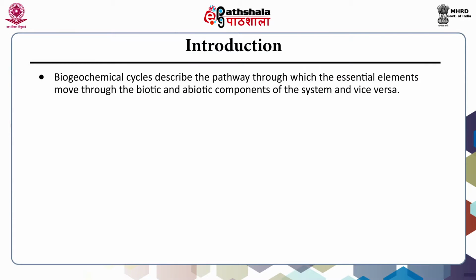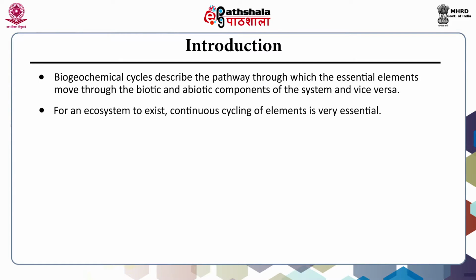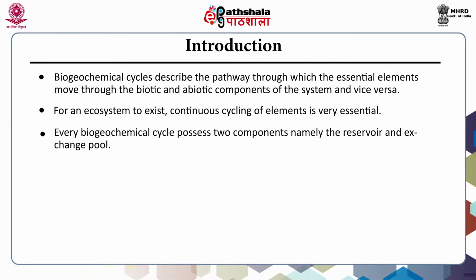Now, as I told you, biogeochemical cycles describe the pathway through which the essential elements cycle from the biotic and the abiotic components of a system and vice versa. For an ecosystem to exist, you need a proper and continuous cycling of elements. Every biogeochemical cycle possesses two components, namely the reservoir and an exchange pool.